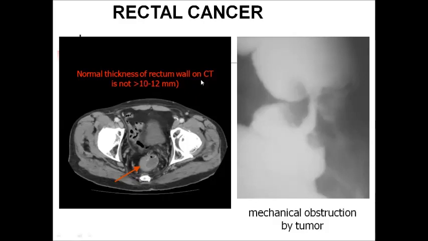Normal thickness of rectum wall on CT should not exceed 10 to 12 millimeters, and thickness of wall, if it is not distended by air insufflation, is very suspicious in colon cancer diagnosis.